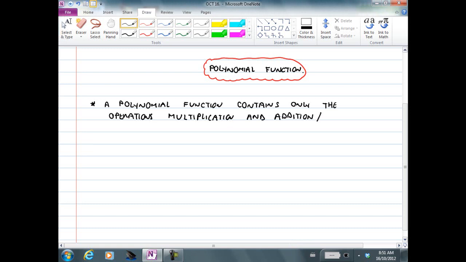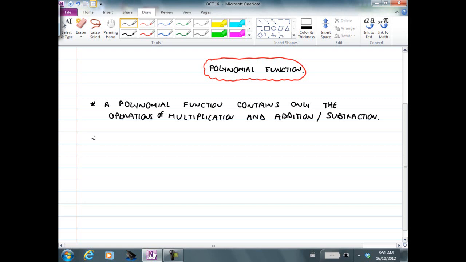Now I'm going to add in this word subtraction because a lot of people can get confused. So, number one, a polynomial function contains only operations of multiplication and addition slash subtraction. That's the first key thing.